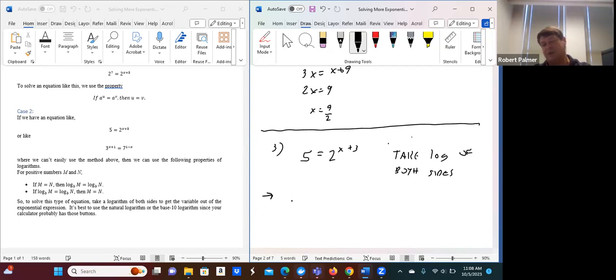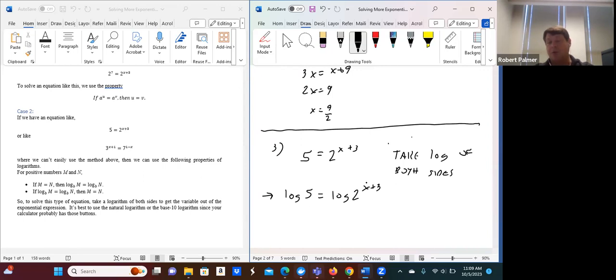What that's going to give us is log of 5 is equal to the log of 2 to the x plus 3. Now remember, log 5 is just a number.